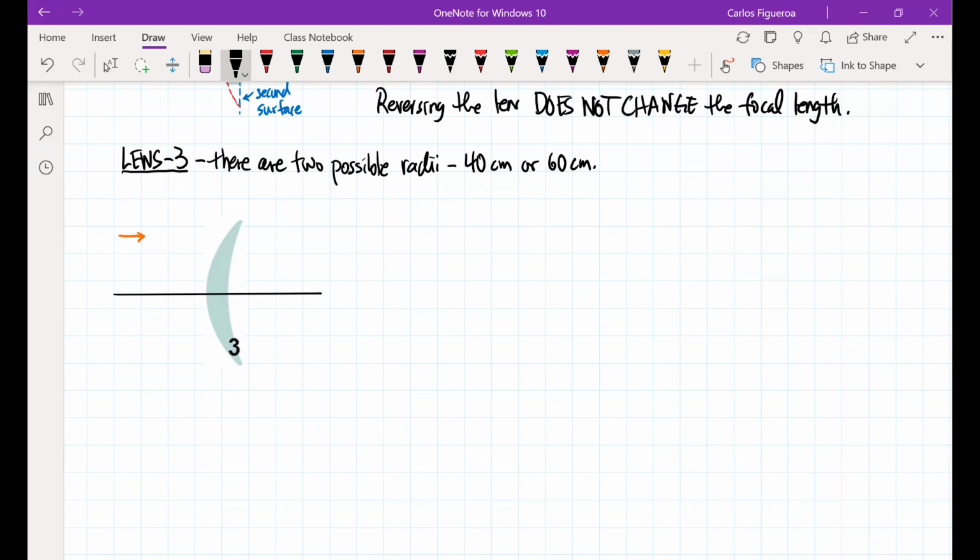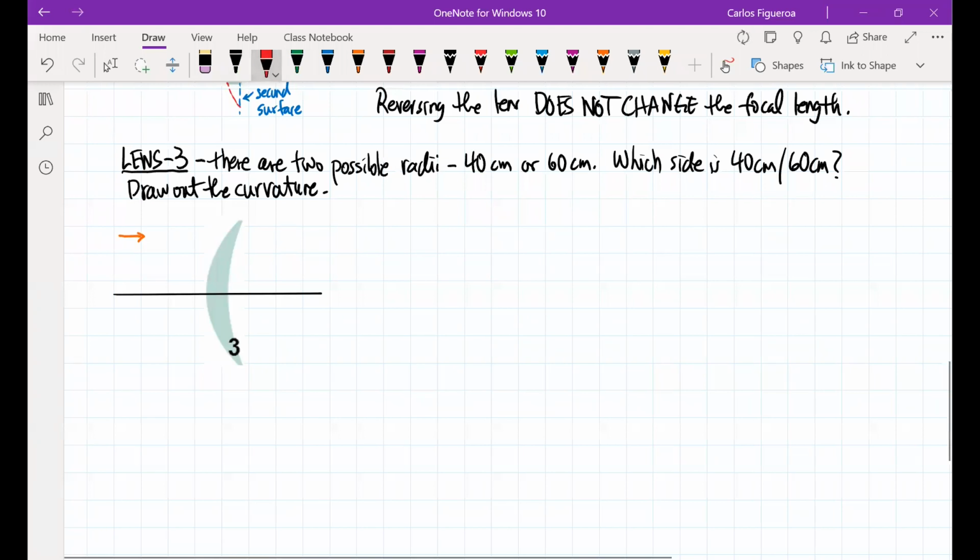So then the question is, which side is 40/60 centimeters? And what you got to do here is that you have to draw out the curvature. And what do I mean by that? Look at the first surface. If you look at the first surface, look at the curvature. So this guy right here is the first surface.